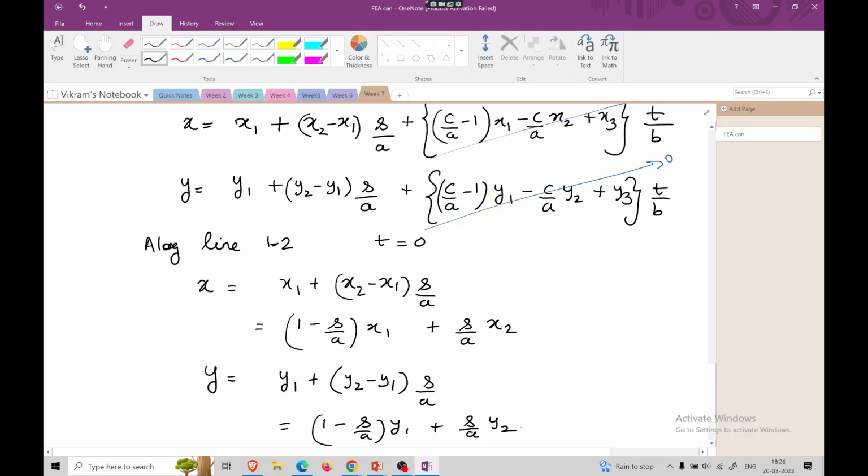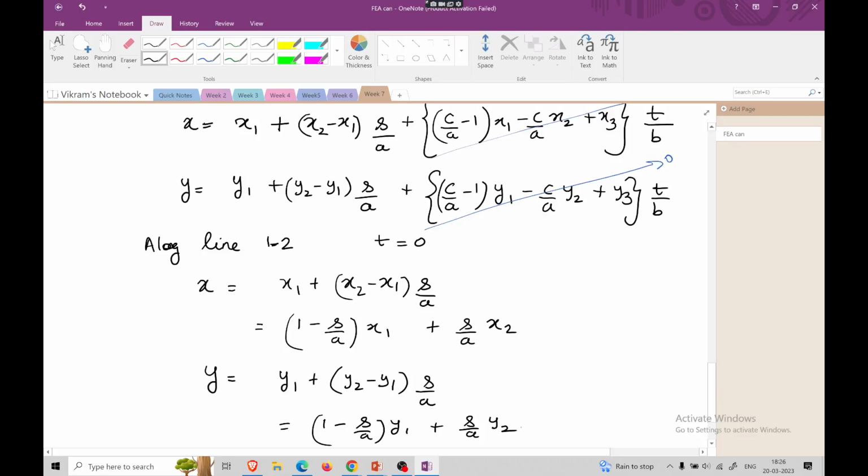So what we are going to do, again we have to recall one thing. What was the interpolation function for a linear triangular element? I will just write the equation.